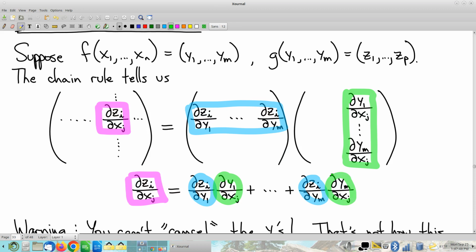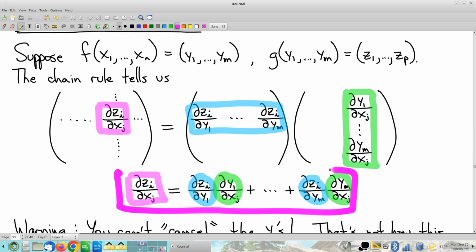What's nice about this formula is it allows you to compute the one partial derivative you're interested in without having to compute all of the other elements that you don't have any particular need for. Okay, so this is a nice formula to have on hand, and we're going to talk about some different points of view on this formula going forward here.